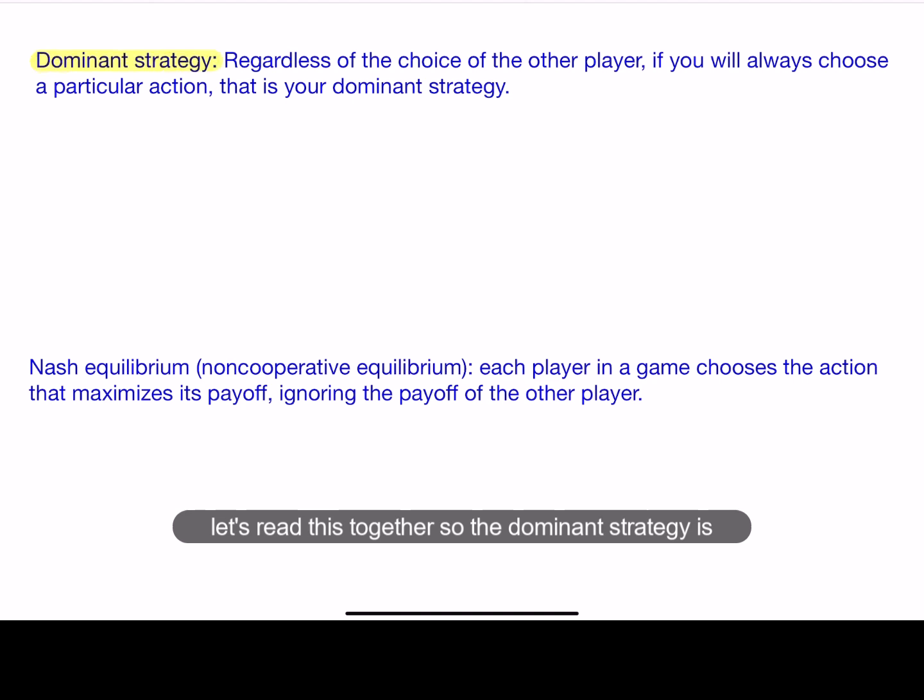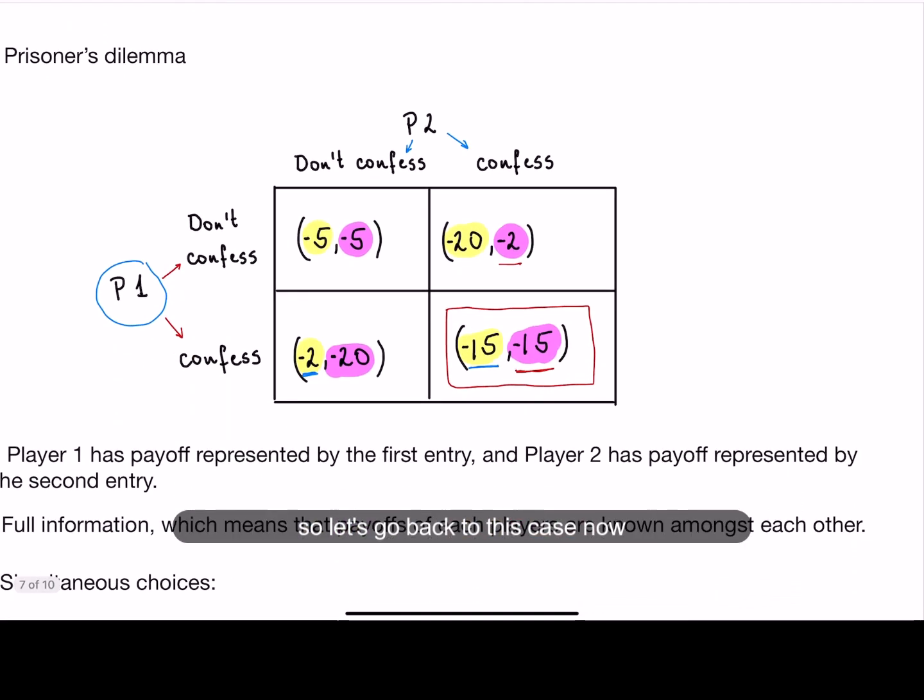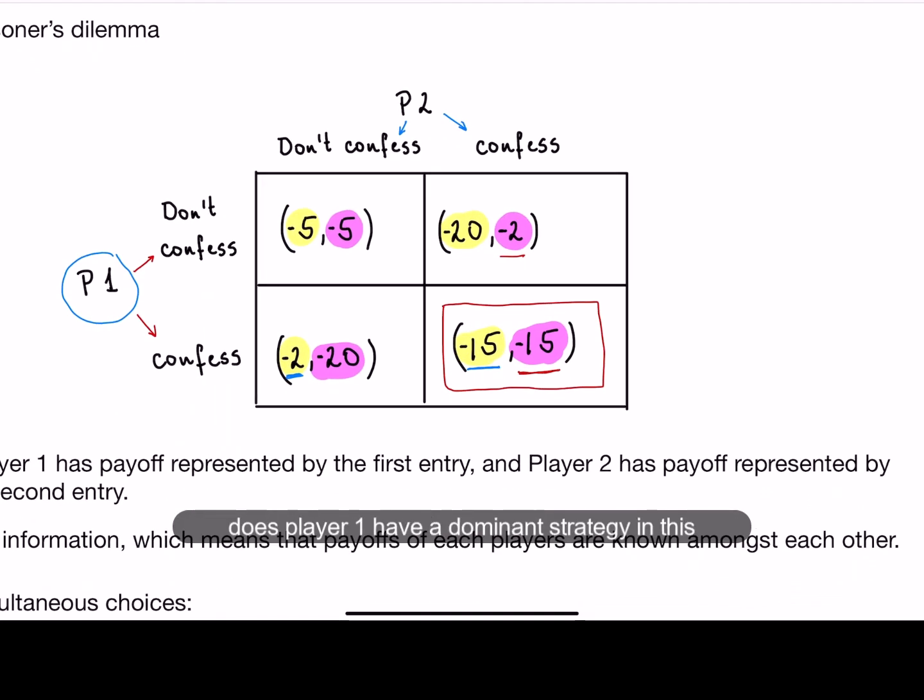So the dominant strategy is this: regardless of the choice of the other player, if you always choose a particular action, that is your dominant strategy. So let's go back to this case. Now, does player 1 have a dominant strategy? In this case, regardless of whether player 2 chooses to not confess or player 2 chooses to confess, player 1 will always choose confess, right?